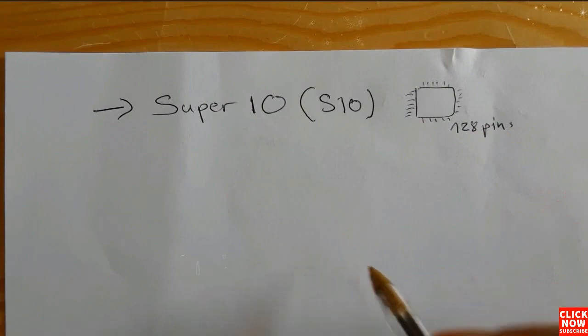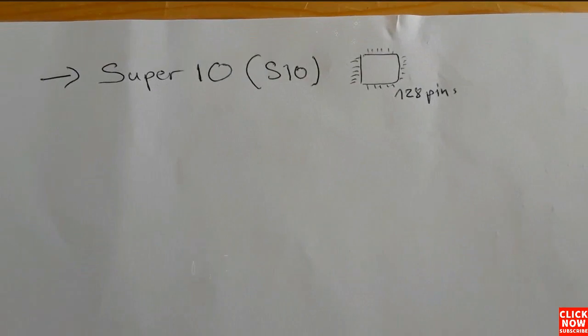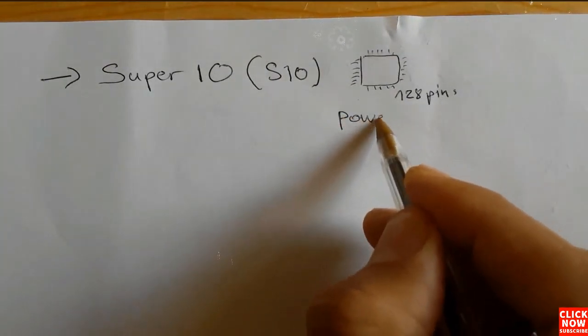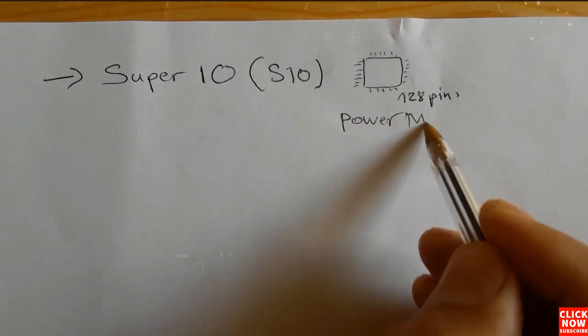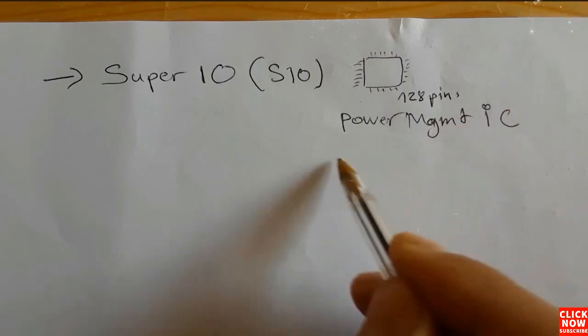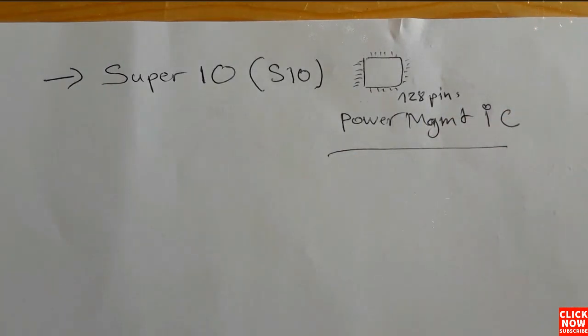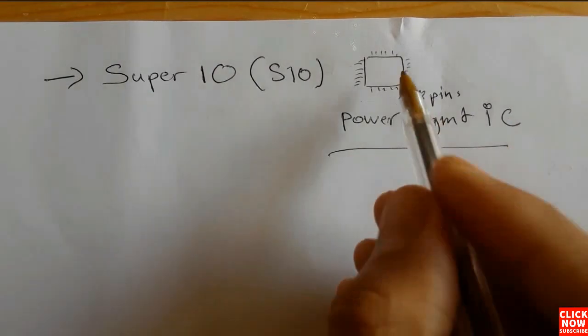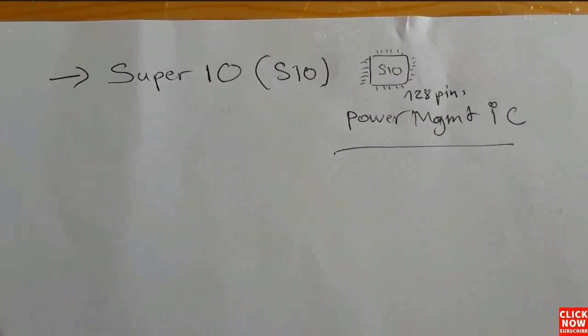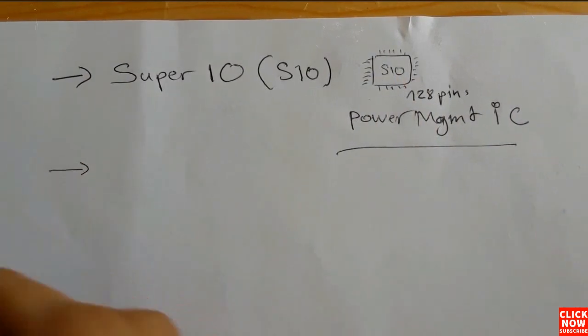So if you have a problem in this IC, the motherboard can be a dead motherboard. So you should also check the ceramic capacitors around this IC. If you find any shorted capacitor, it means automatically this IC is bad.